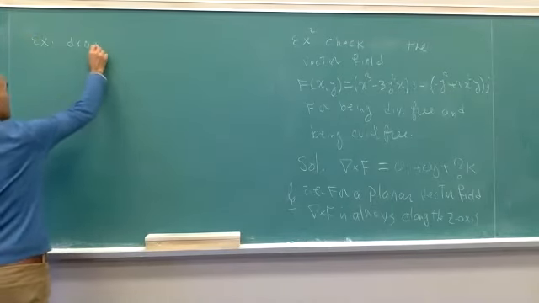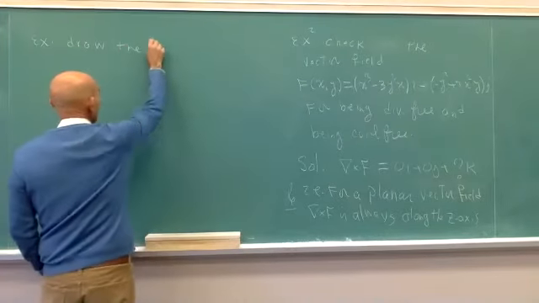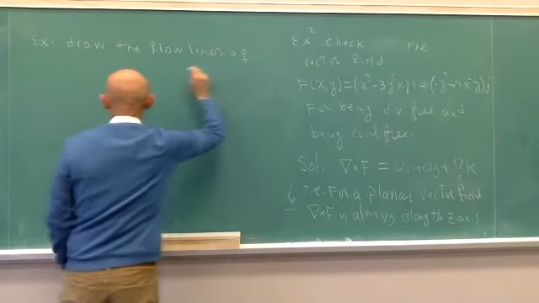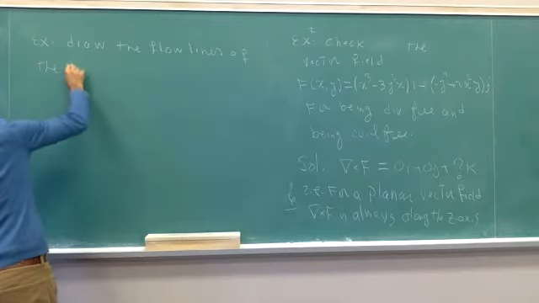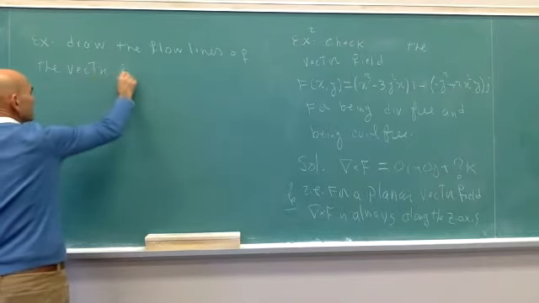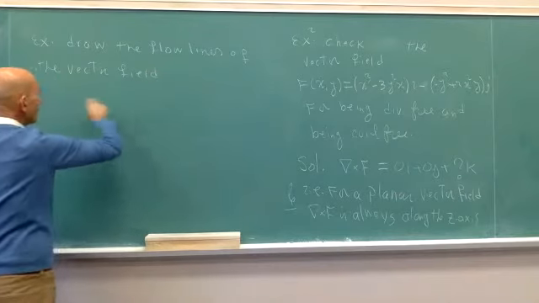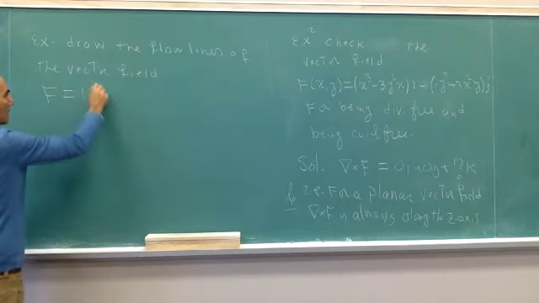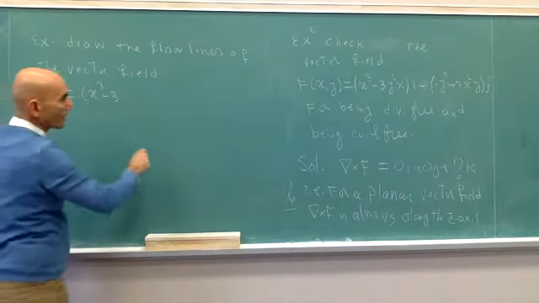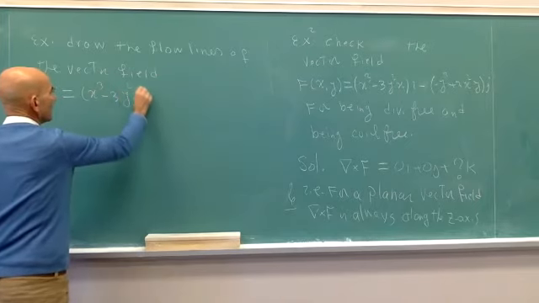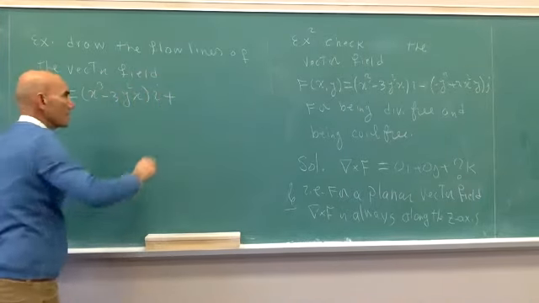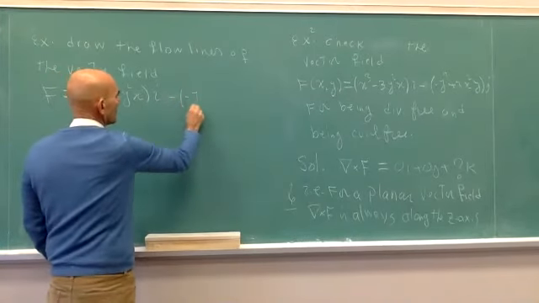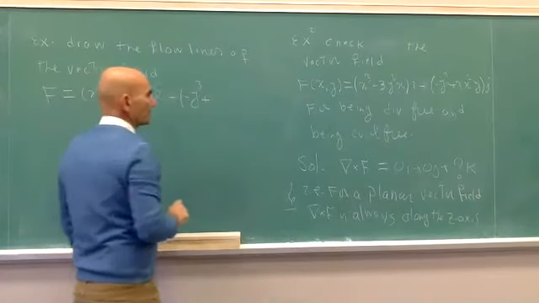Draw the flow lines of the vector field F equal to x cubed minus 3y squared x, i, plus, or minus rather, negative y cubed plus 3x squared y.